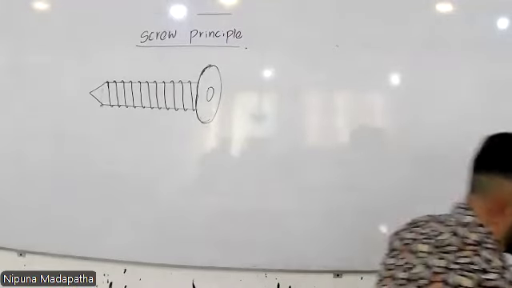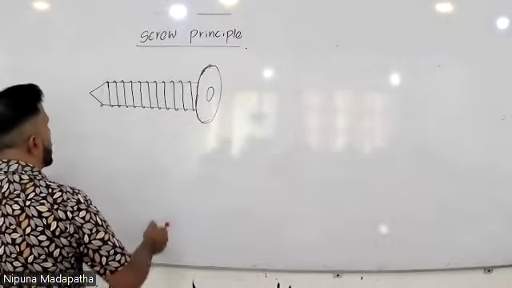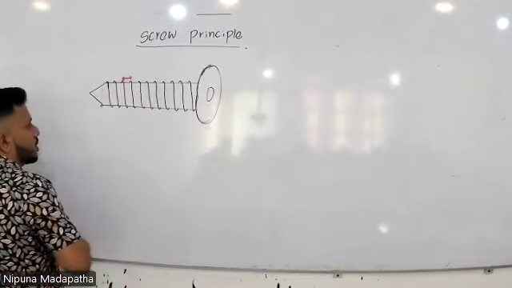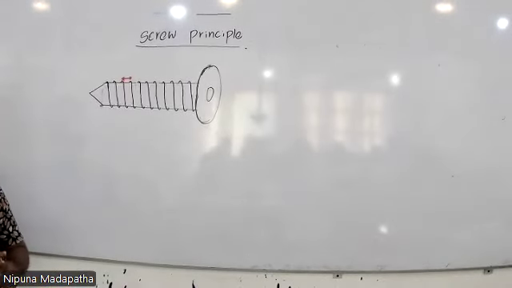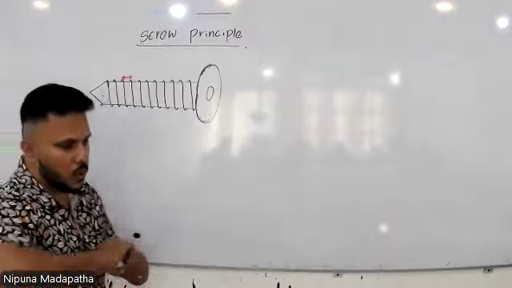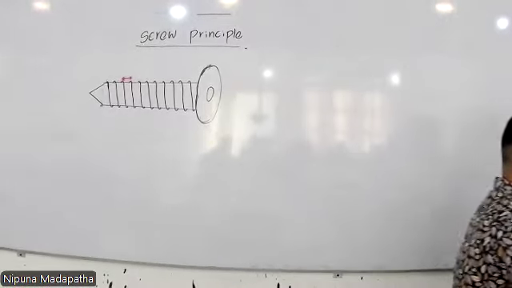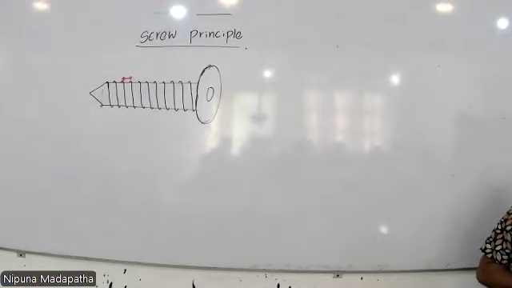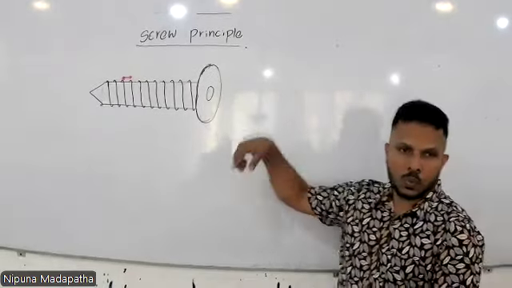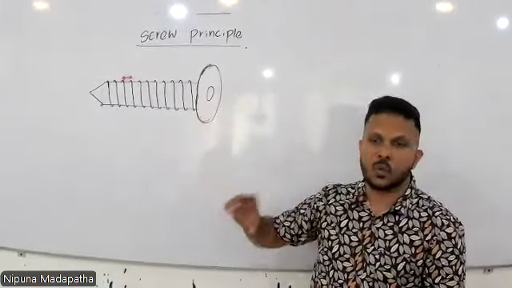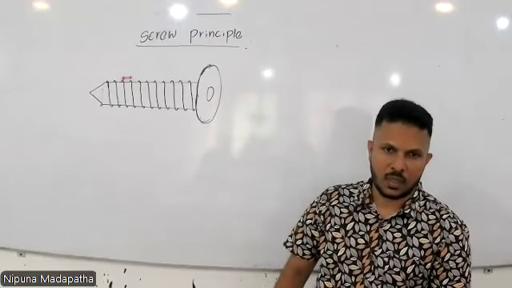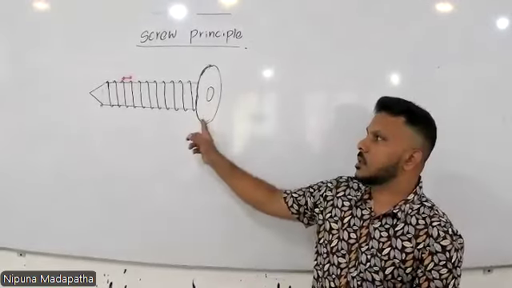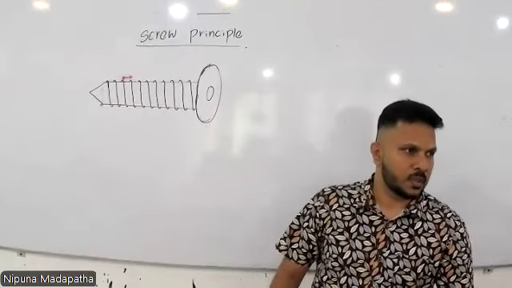In these screws, take the length between two adjacent threads. Why is this length important? When you rotate this screw once, a full 360 degrees, what distance does the screw go forward?